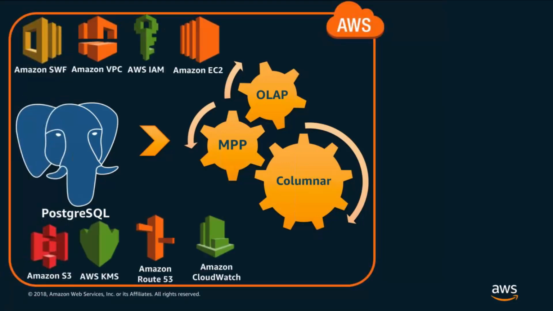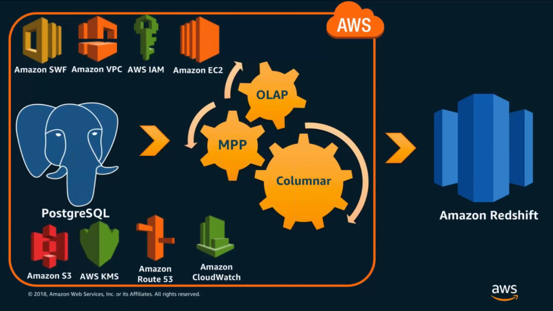We then wrapped all of this up in the AWS ecosystem. So this is tight integration with things like EC2, KMS, so you can do full transparent data encryption, CloudWatch and SNS, so you can get alarms and all of that from your Amazon Redshift cluster. And this whole combination of these changes and wrapping it up in AWS is really what makes Redshift what it is.